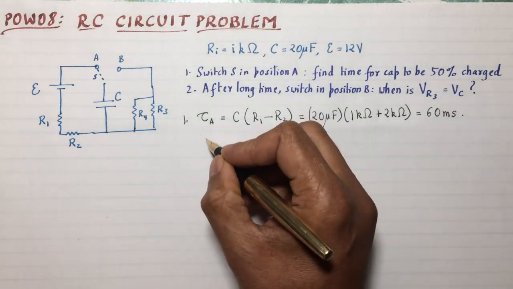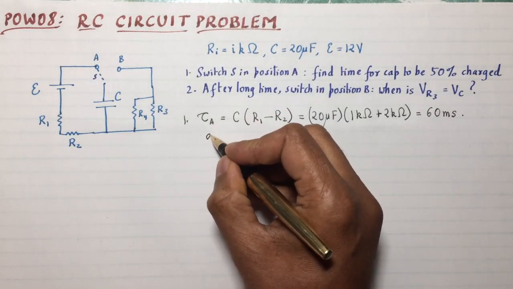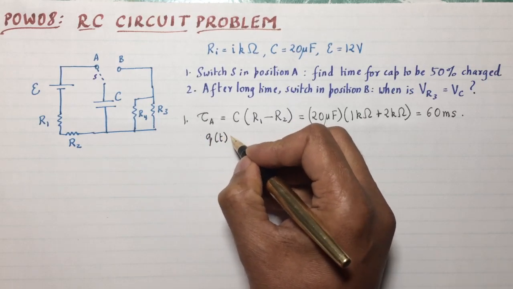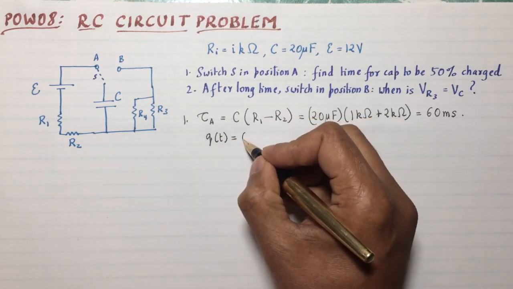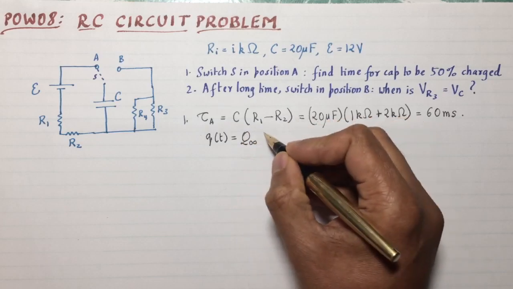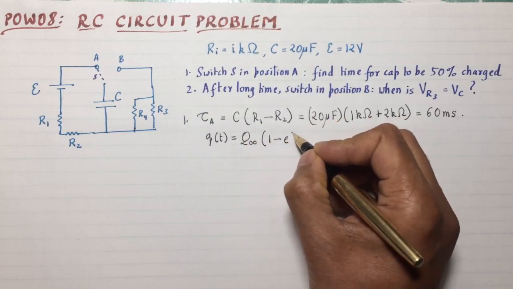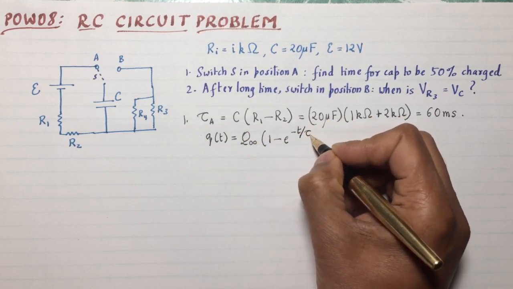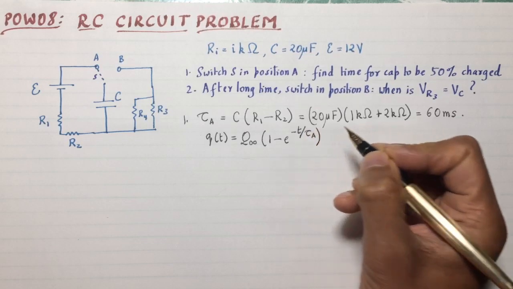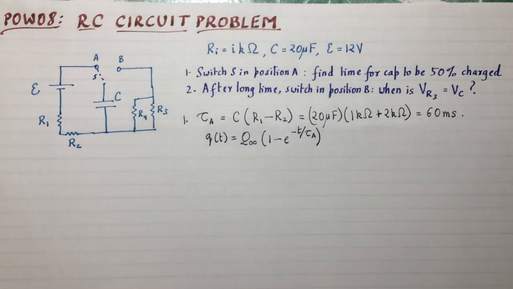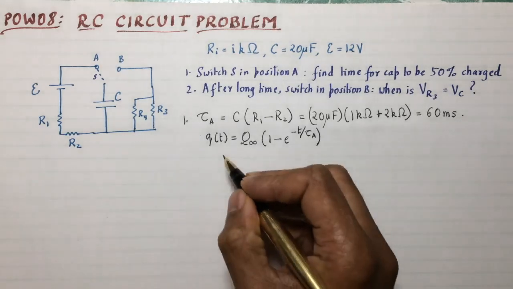The capacitor's charge at any given time is given by the eventual charge Q infinity times 1 minus e to the minus t upon tau A. Let's see what this gives us.